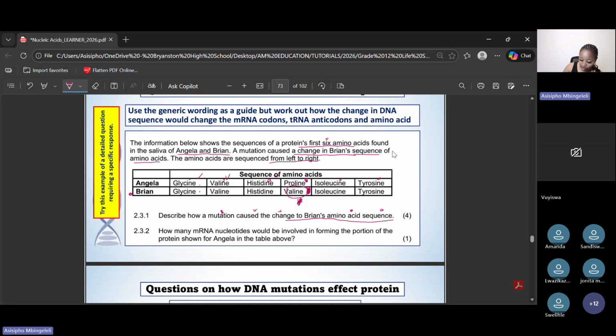So what did I say? I said there was a change in the DNA. Now, in this case, this is still simple because they didn't give us the base change. So we are still mixing generic and application.